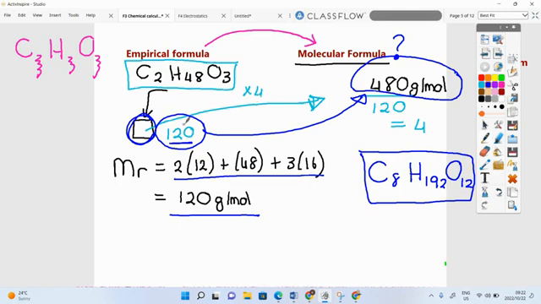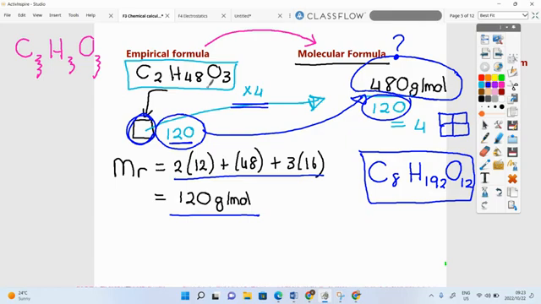So then you have to see how many of these little blocks fit into 480. So one block is 120, which means in each molecule I'm going to have 4 of them. So I'm going to have 4 of these, 4 of these, and 4 of these. So you might have to multiply the whole thing by 4. Okay.